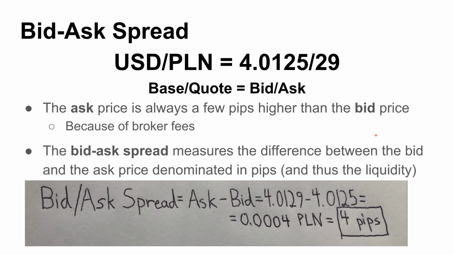In the example we discussed previously, the bid-ask spread is 4 pips for the US dollar to Polish zloty currency pair. We got this by doing the ask price of 4.0129 minus the bid price of 4.0125, resulting in 4 pips.